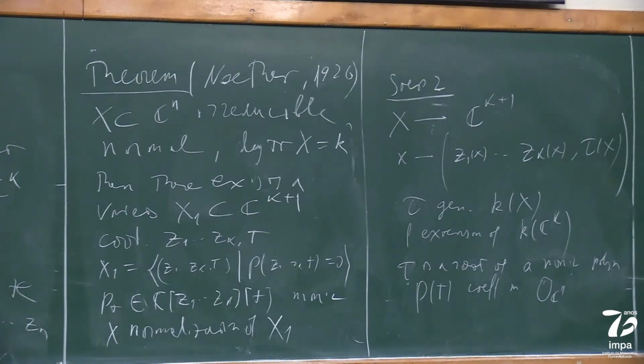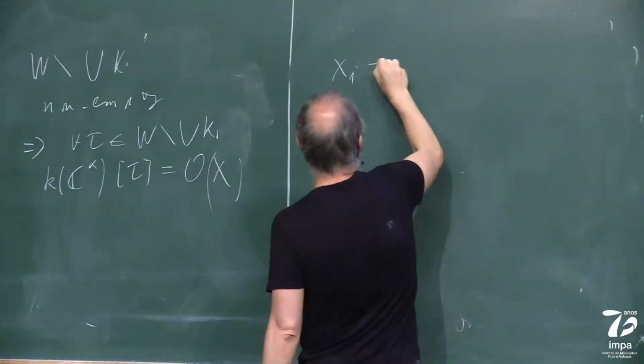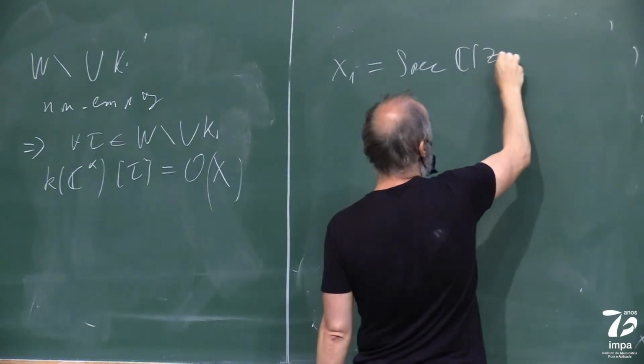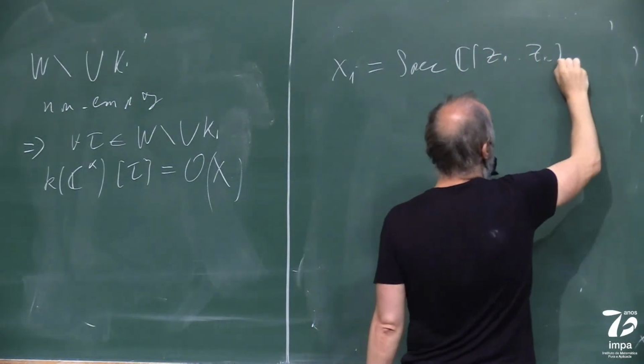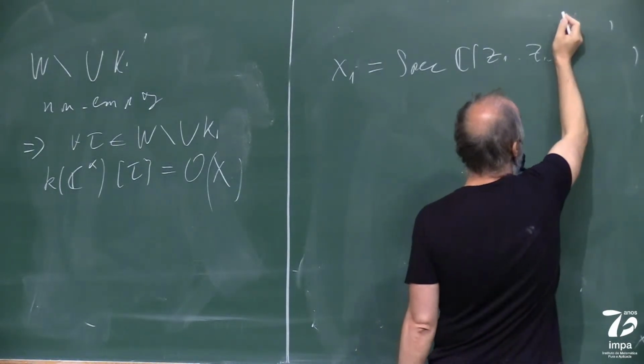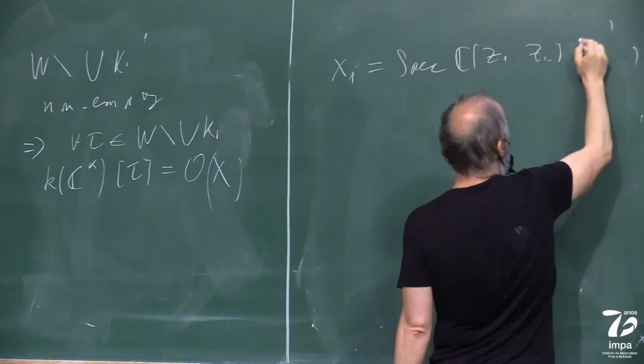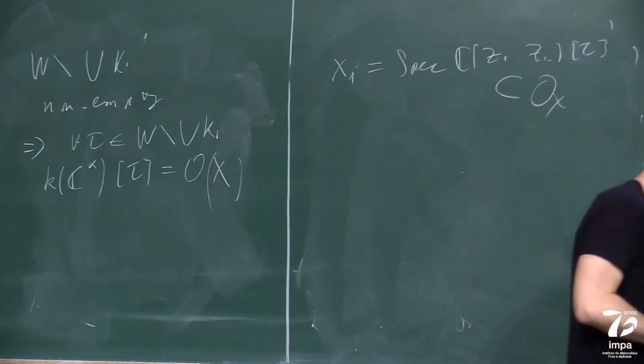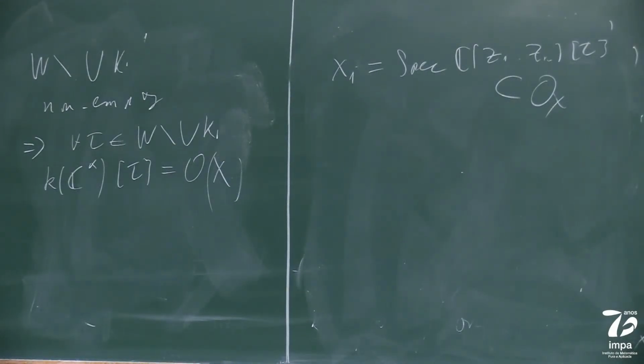So in the end, we obtain a space x1, which is spec of C[z1, ..., zk, tau], where I write tau, but what I mean is a subring in O_X. And O_X is finite over this.